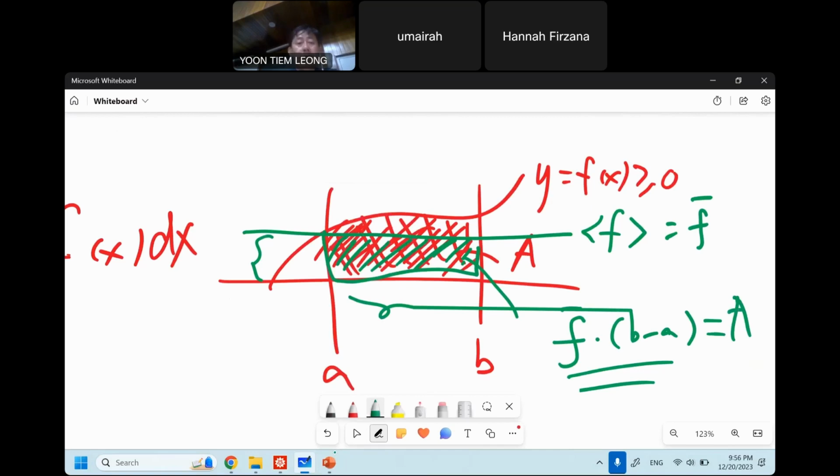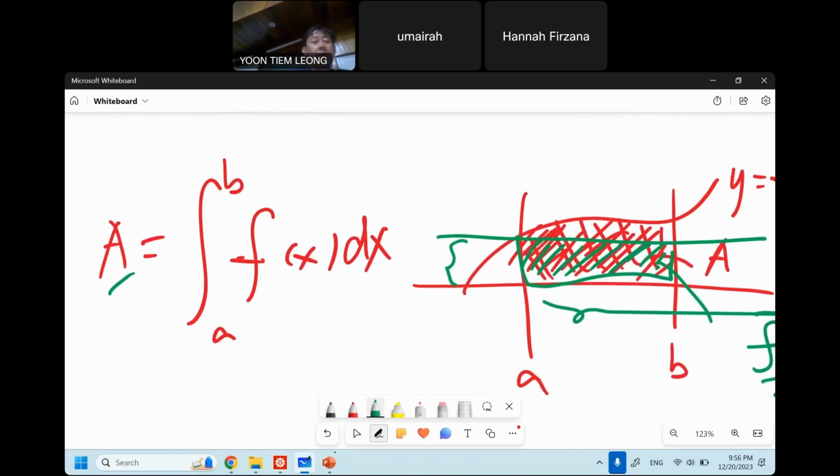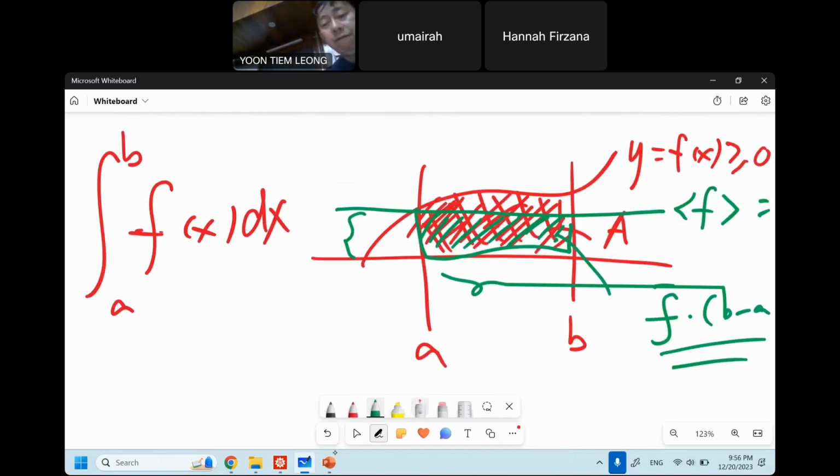So here I start off by defining A to represent the area under the curve between a and b, which is this area.